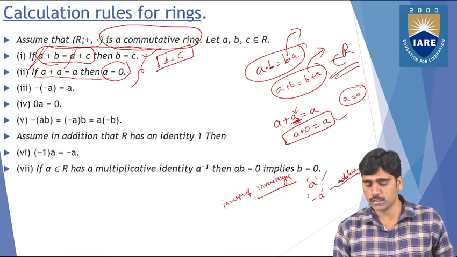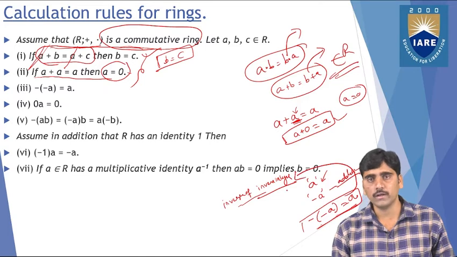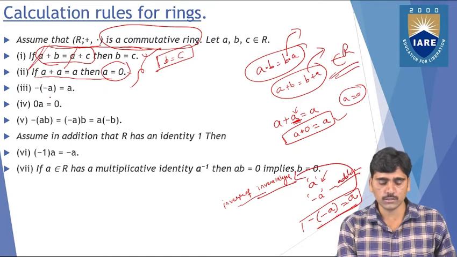So for this integer a, minus a is the inverse integer. So what are we saying here? The inverse of the inverse integer equals a. The inverse of the inverse integer is equal to the normal integer. That is nothing but minus of minus a equals a.